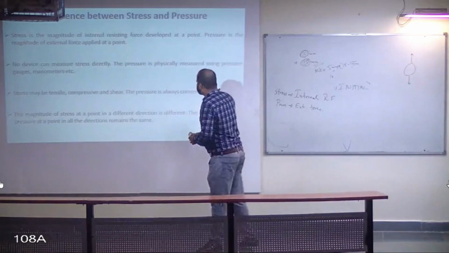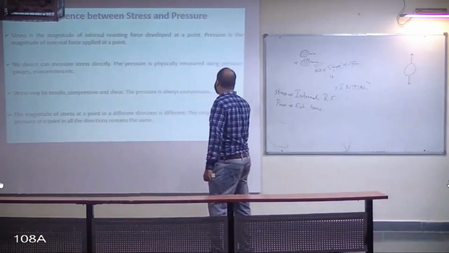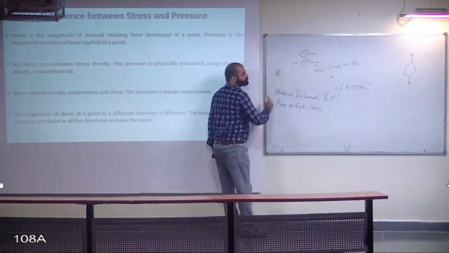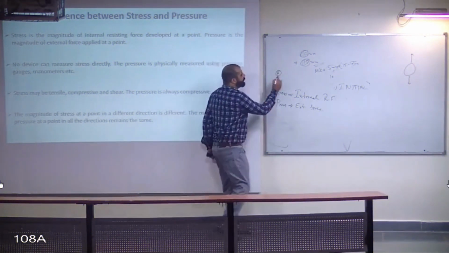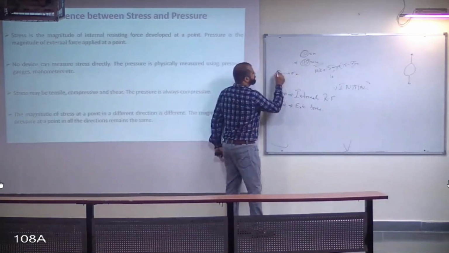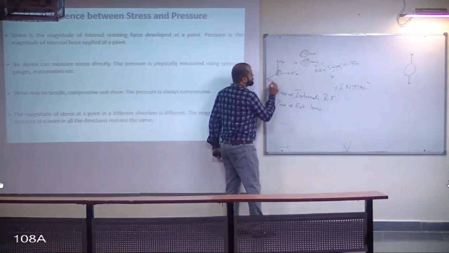ठीक है? The magnitude of stress at a point in different directions is different. The magnitude of the pressure at a point in all directions remains the same. This is the point. So this point has some stress in this direction, sigma x, some stress in this direction, sigma y, and suppose some stress in this direction, sigma z.